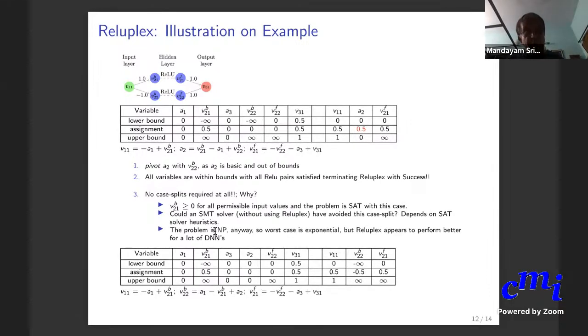As I said before, this problem, even with ReLU, is NP hard anyway. So worst case, it is worst case exponential. Therefore, ReluPlex can also end up requiring all the case splits, but ReluPlex appears to perform much better on DNNs with ReLU when compared to general SMT solvers, and that's where the interest in ReluPlex remains.